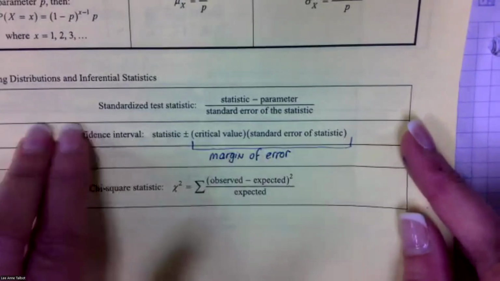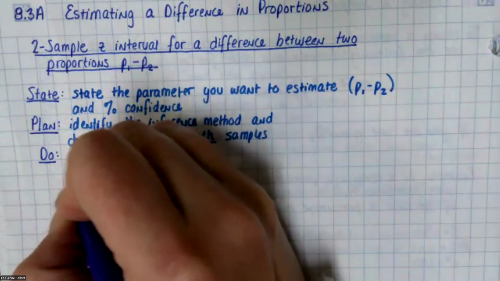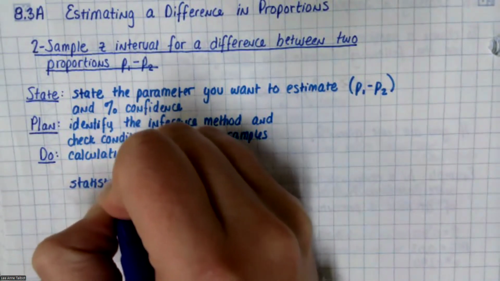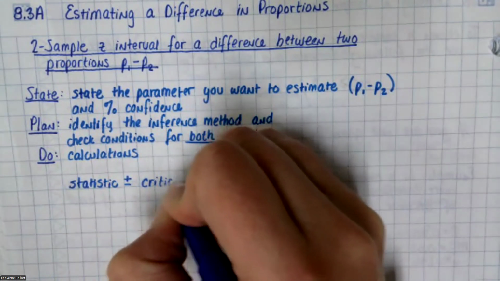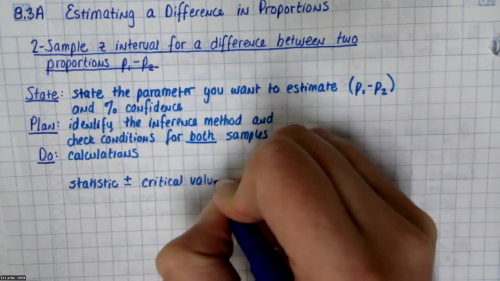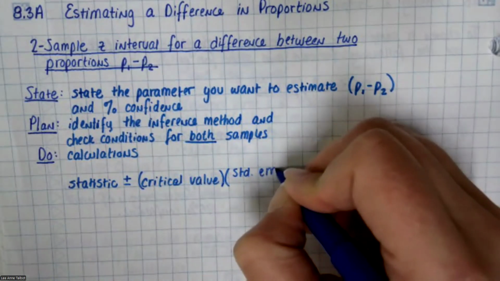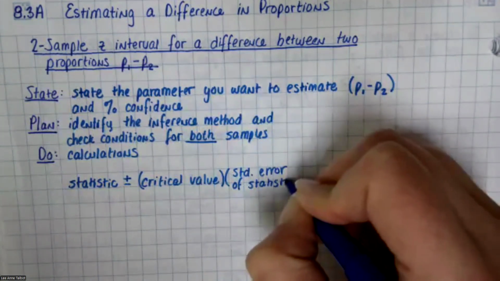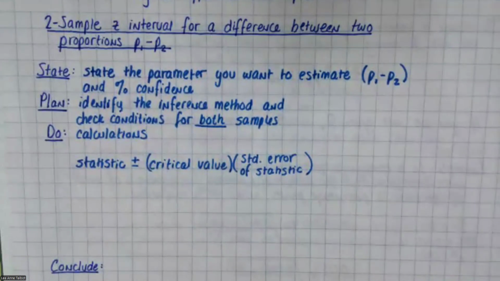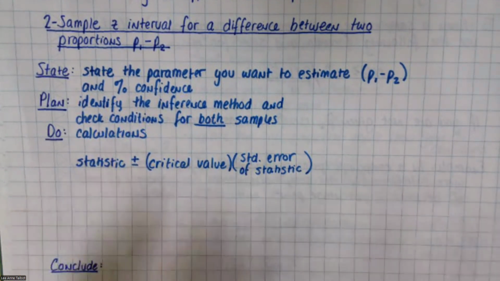This is basically one of the places that your eyes are going to go on the test. You want to find statistic plus or minus critical value times standard error of statistic. And you're going to use this formula for every confidence interval. It's just that the stuff that goes inside changes.